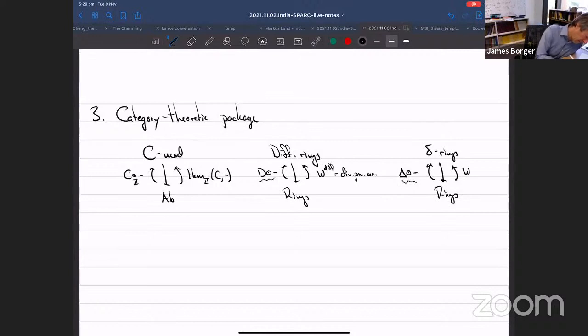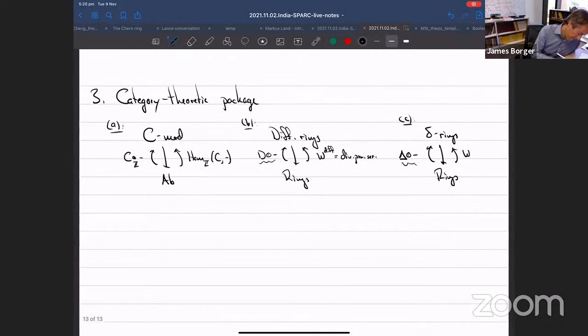So I'll talk about some things in all three of these cases. Give them labels A, B, and C. A is meant to be very familiar, B is meant to be not so hard, but ring theoretic, and C is meant to be the one we really care about.